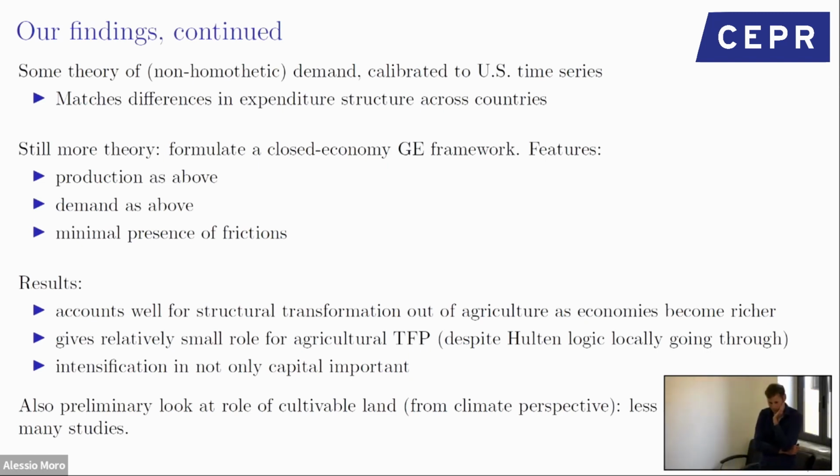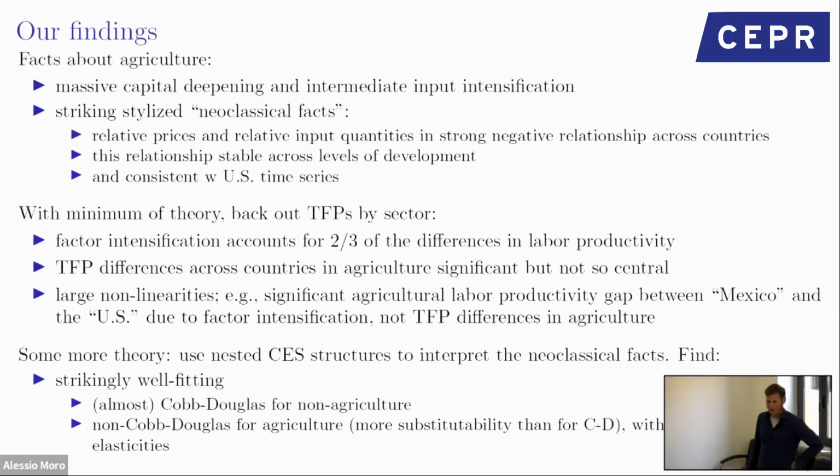For the first cross-country part where you do the facts, you estimated the production functions to do that? Yes, we just fit it to the data. Right, but I'm just wondering if you could have used the time series, for instance, to restrict parameters and then use those to see what the cross-country implies. I'm going to show you that the data nicely lines up with the US time series.